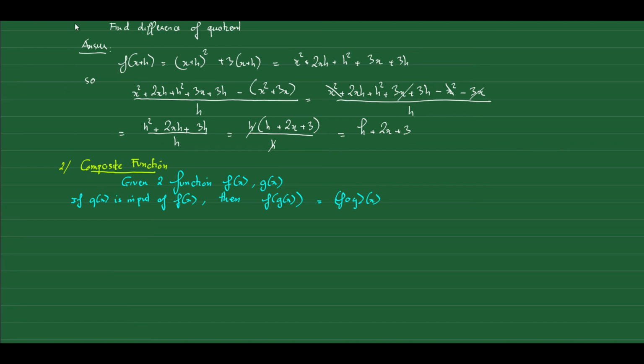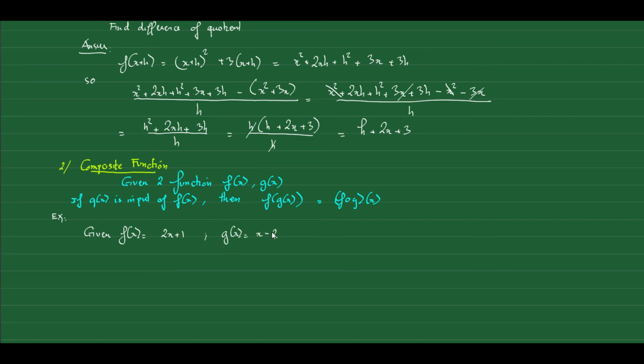Now let me give you the first example. We can also evaluate the composite function at a certain value you want. Given two functions, what if I give you f of x equals 2x plus 1 and g of x equals x minus 2.